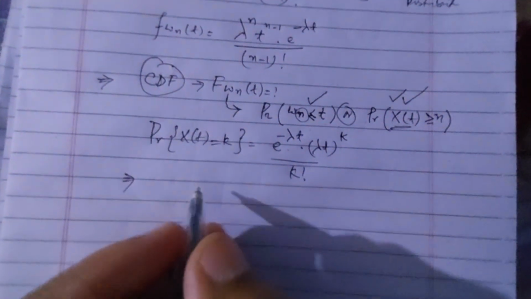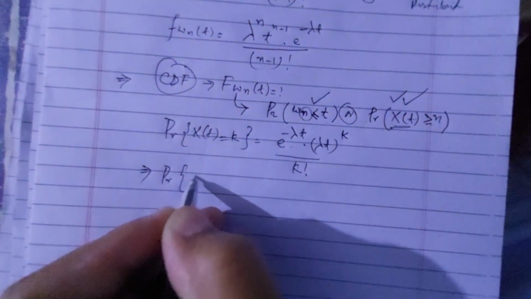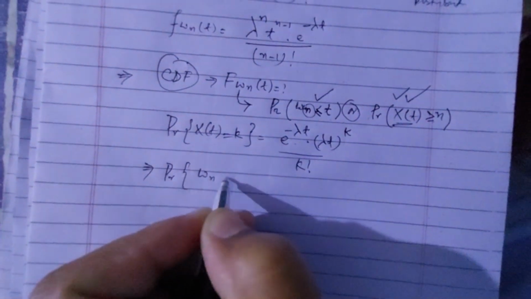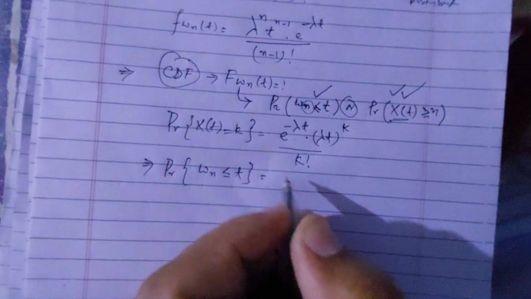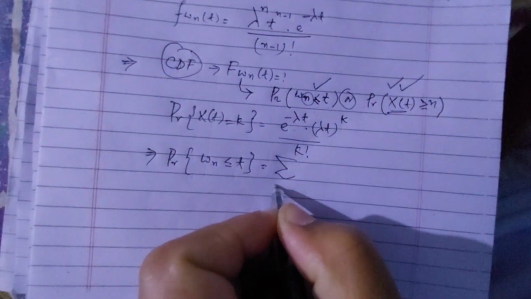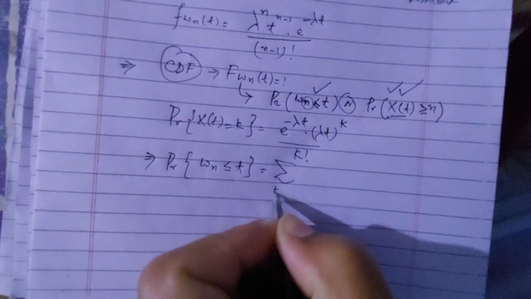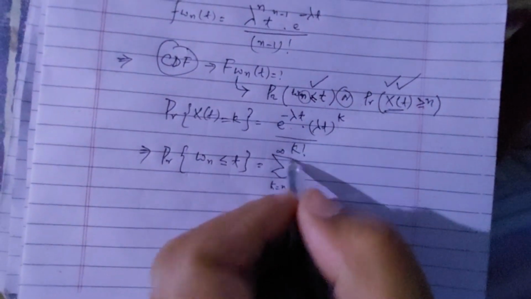It can be written as the probability that the waiting time for the nth event is less than or equal to the time period t, which is equal to the summation from k equal to n up to infinity.